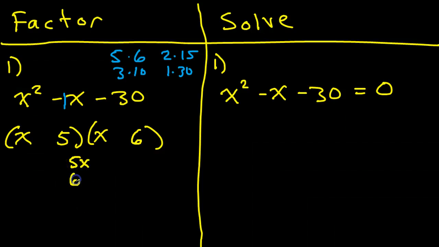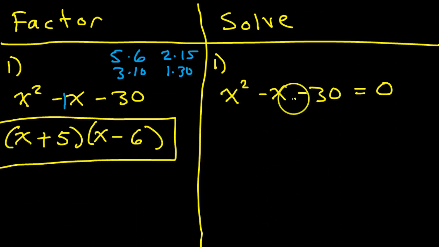Outer, we had 6x. If we're going to get a -1, we need a positive 5x and a negative 6x. And when the directions were to factor, then we were finished. We just factored, so we could put a box around this, because this was the final answer.